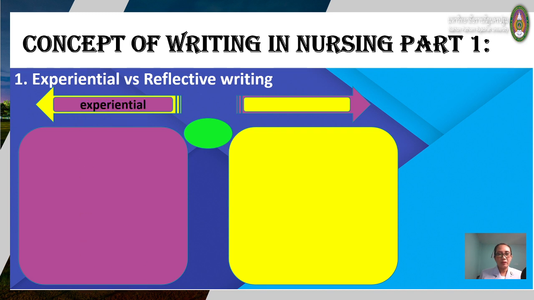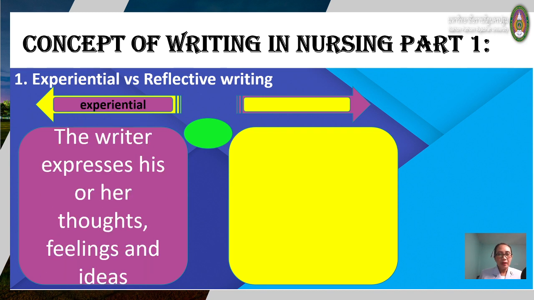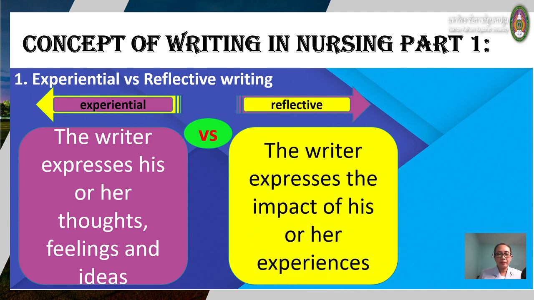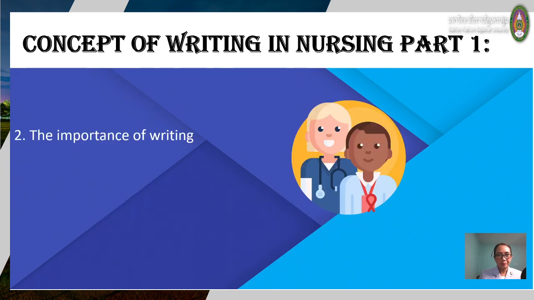In experiential writing, the writer expresses his or her thoughts, feelings, and ideas, while in reflective writing, the writer expresses the impact of his or her experiences. That's the difference between the two.